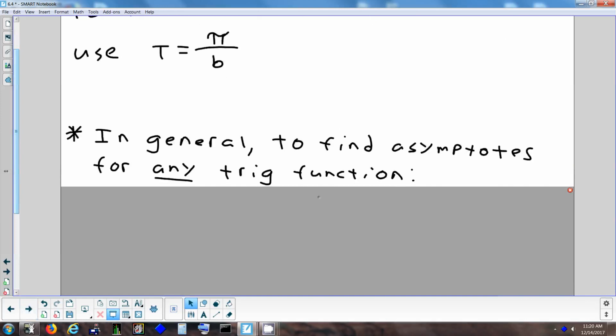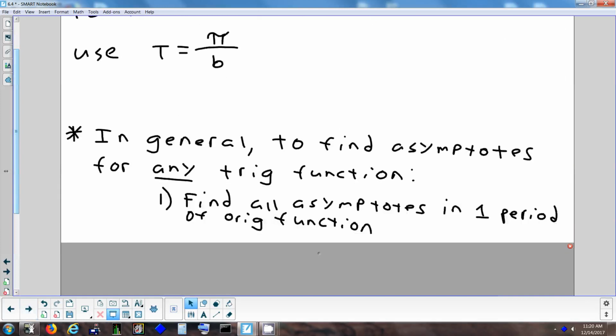In fact, in a minute, I'm going to show you the graph of secant and cosecant. Those graphs have asymptotes too. Sine and cosine are the only nice ones. So I'm going to show you how to find the asymptotes for any trig function that has asymptotes.